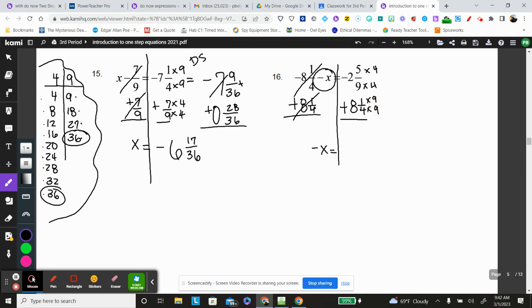Okay, here we go. This is gonna end up being negative 2 and 20 over 36, and this is gonna be 8 and 9 over 36. SA or DS? DS. Why DS? Because they go 2 different ways.